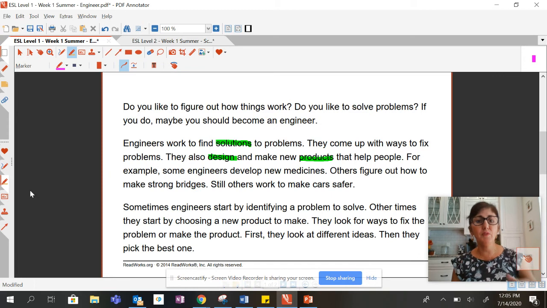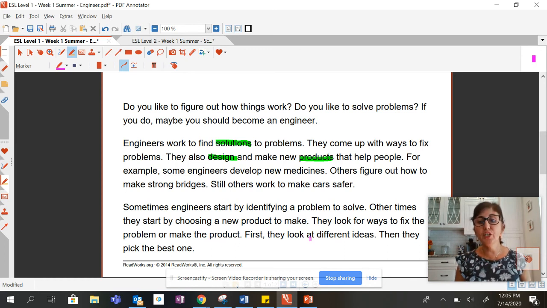Whoops. Oh, I moved us too far. Sorry about that. Sometimes engineers start by identifying a problem to solve. Other times, they start by choosing a new product to make. They look for ways to fix the problem or make the product.